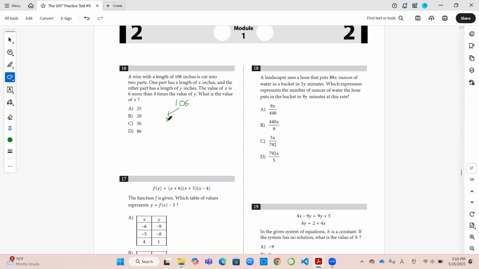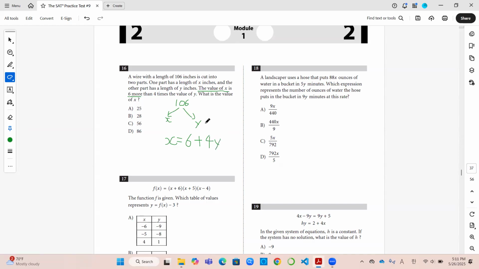Since the problem statement explicitly says the value of x, I'm going to write this as x equals, since it's 6 more, put a 6 here and then a plus, and 4 times the value of y. So 4y.